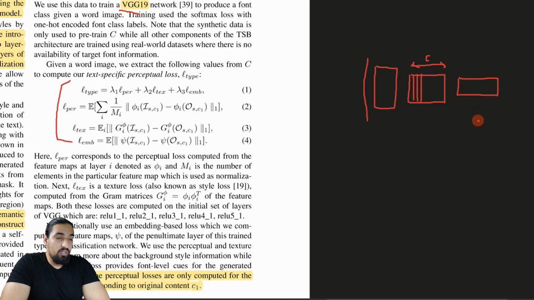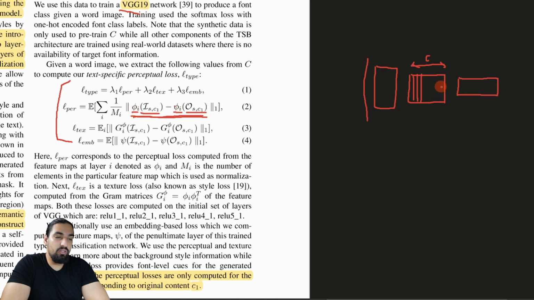So what they do is they first do this. This is the perceptual loss part. Because this thing is pre-trained, it learns to extract certain features, and they make sure that the generated image, the output image, and the input image are really close in the feature space.